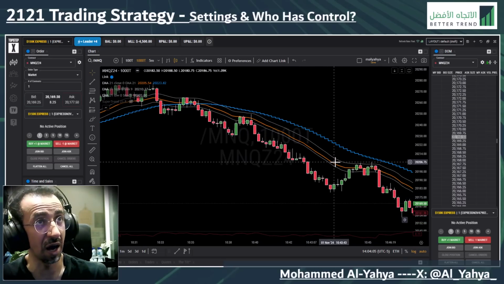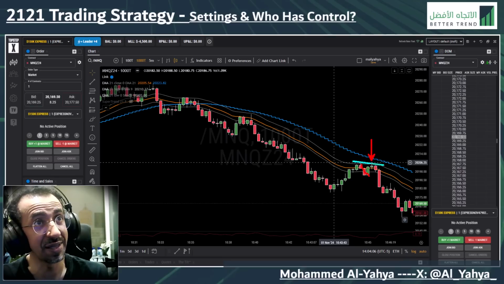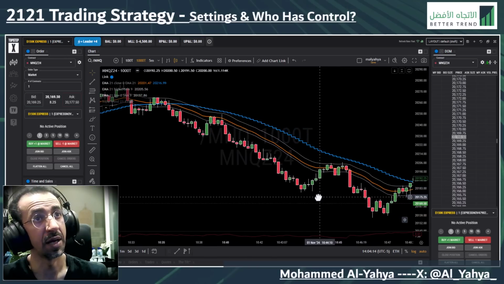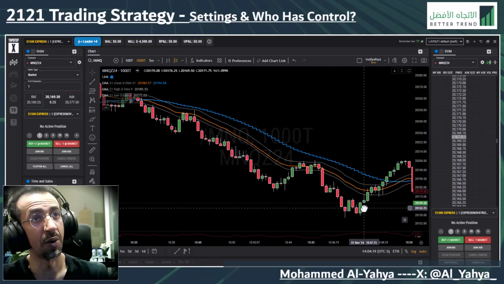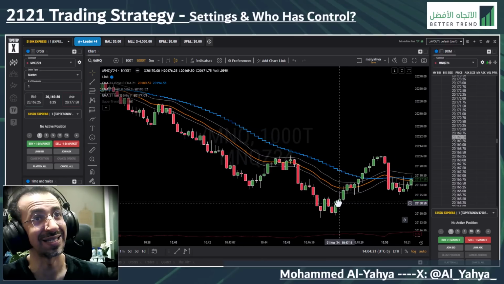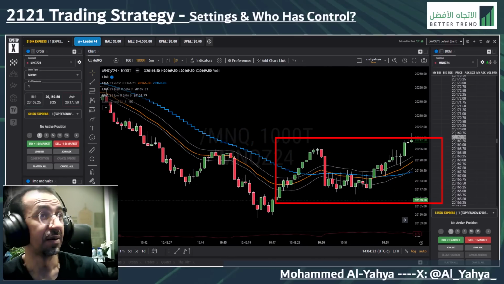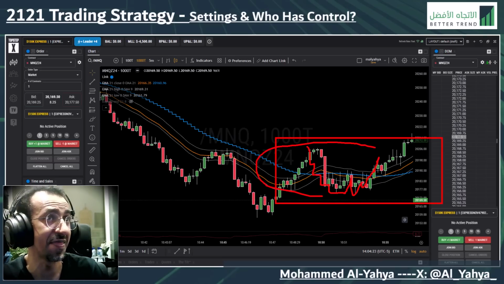Okay, because of the stop, you can see they just trap those sellers with one tick and go. Okay, now it is flattening. Don't sell. Oh, now we have an intersection. You can see you don't want to be in this. You don't want to be a seller. You don't want to be a buyer in this.